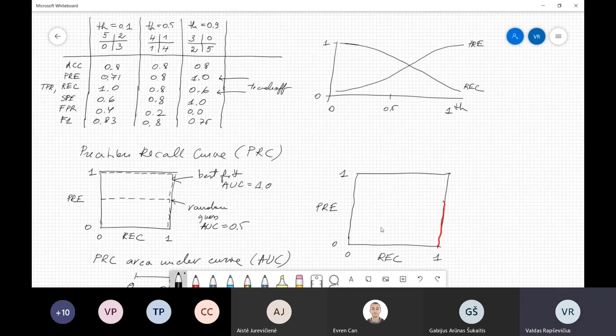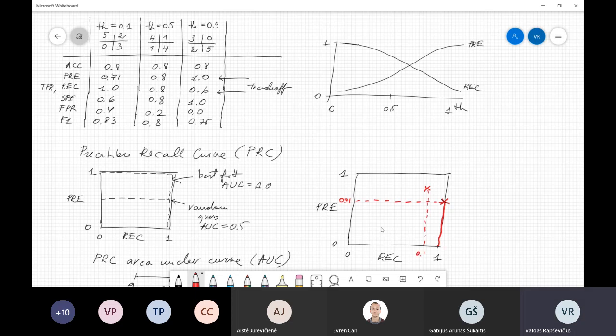Okay, let me do this with the red one. So this is the point where precision is equal to 0.721 and recall equals 1, right? This is the point. The other point is 0.8 and 0.8, both 0.8, so basically we can draw it somewhere right here.